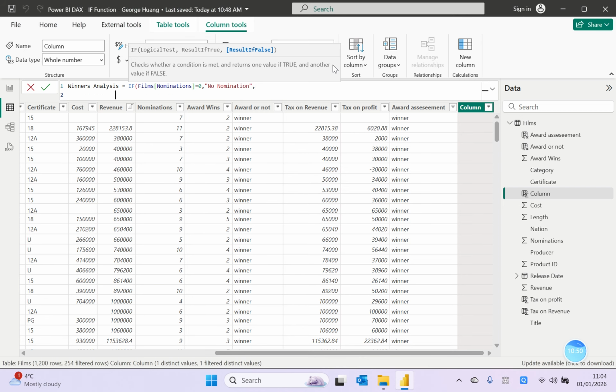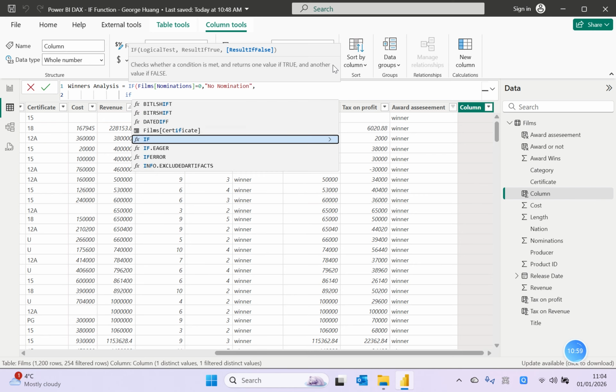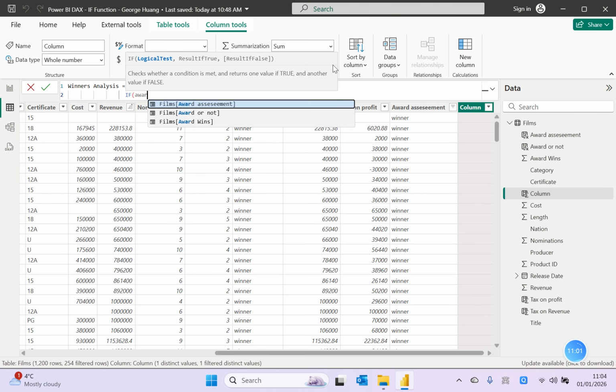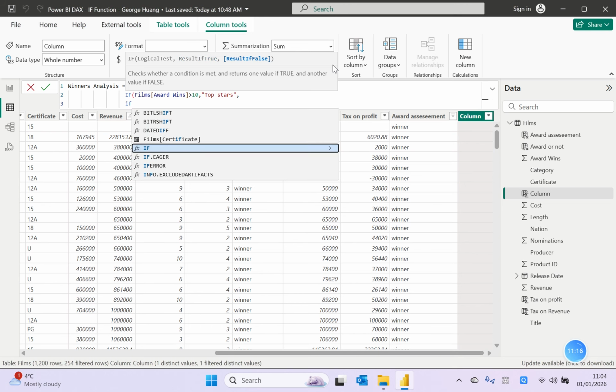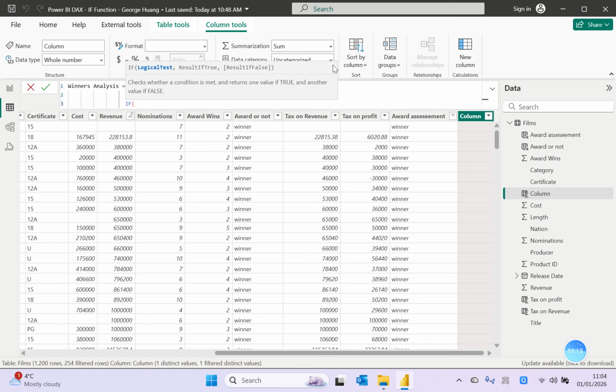If the movie's performance was pretty good and got award wins more than 10 times, then we call it a top star. If the movie got award wins more than 5 times, then we call it a superstar.